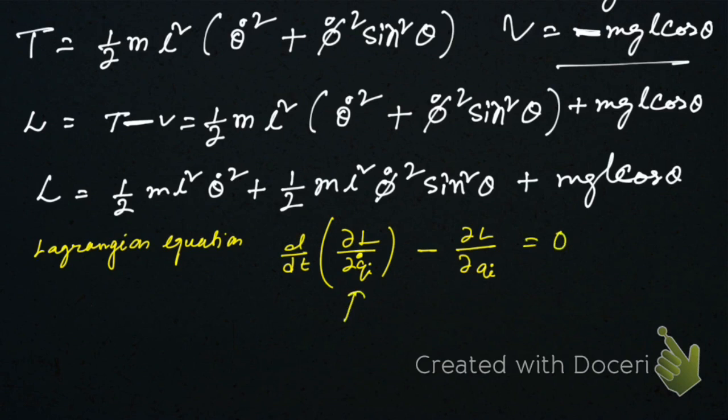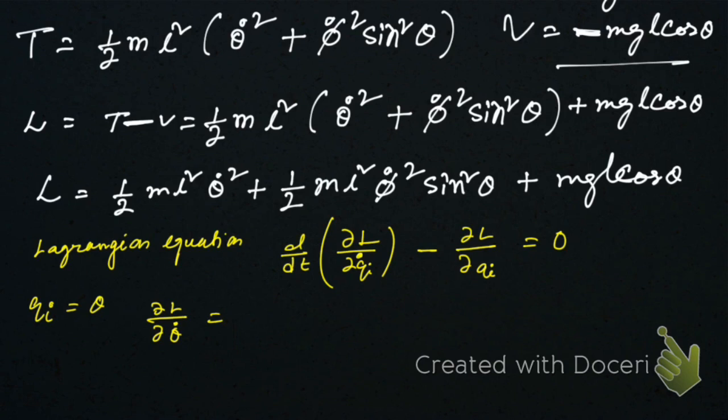First let me find this one. Here we're going to take q i. In the first case we're going to take q i as theta. So then del L by del theta dot. First let me find del L by del theta dot, then what are you going to get?